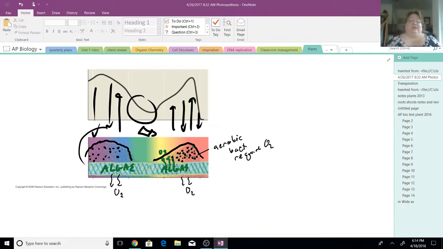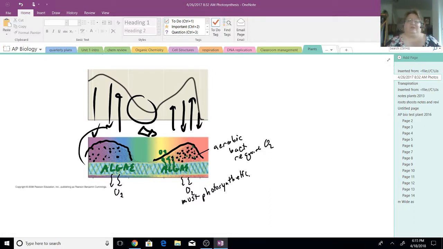So even before all these fancy machines were invented, he had a very clever experiment that showed that the bacteria are growing where there's the most oxygen. And there's the most oxygen because there's the most photosynthesis occurring in the reds and the blues, and a little bit of purples, but that's where we're seeing a lot of the bacteria growing.